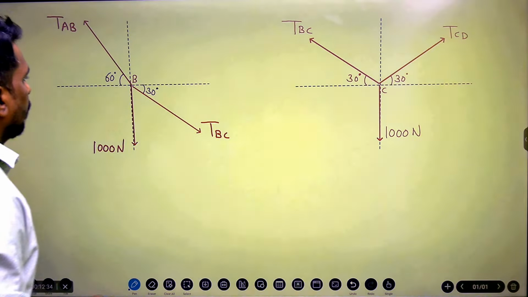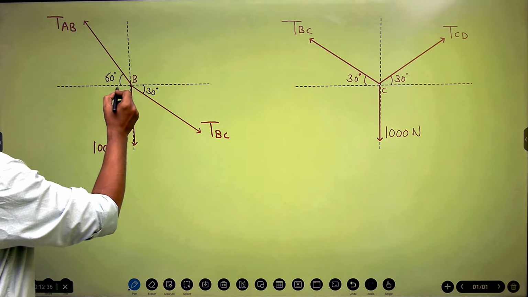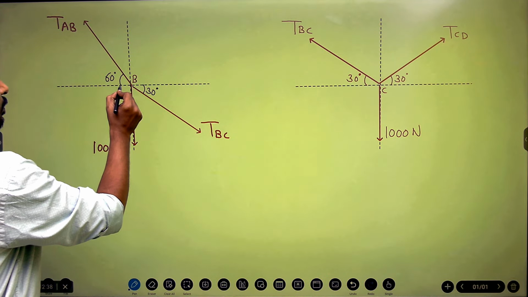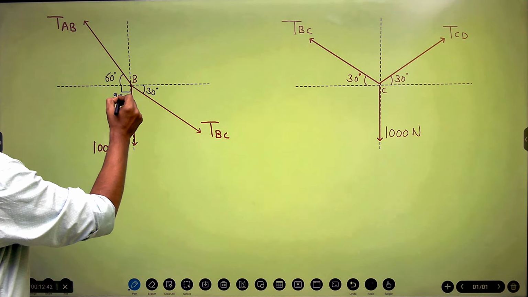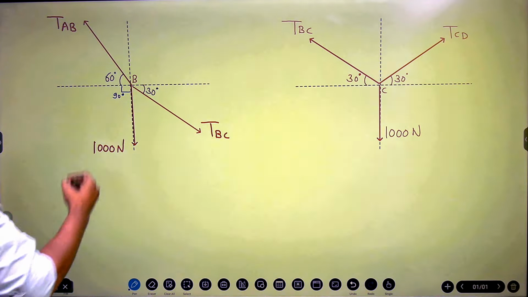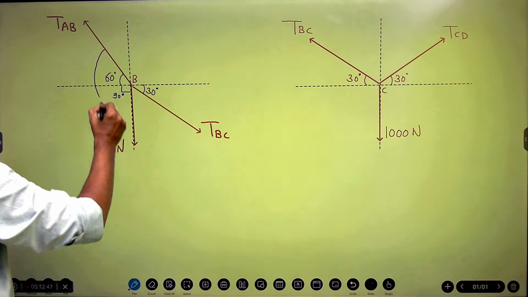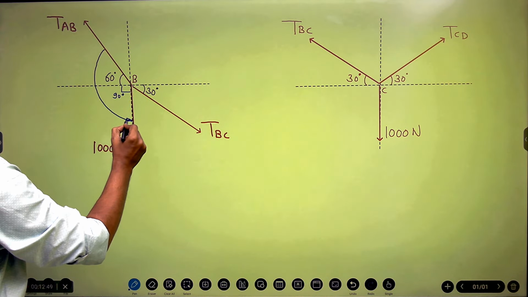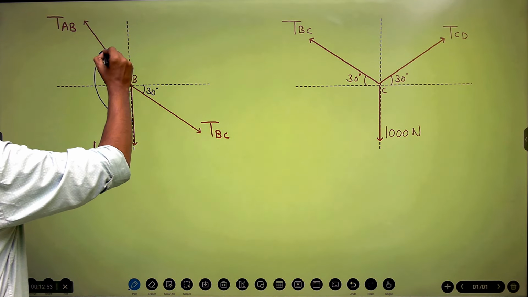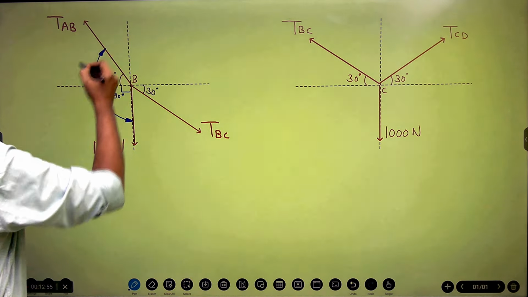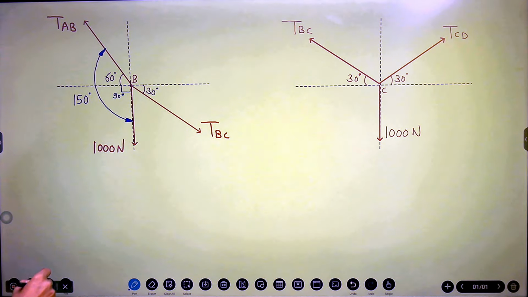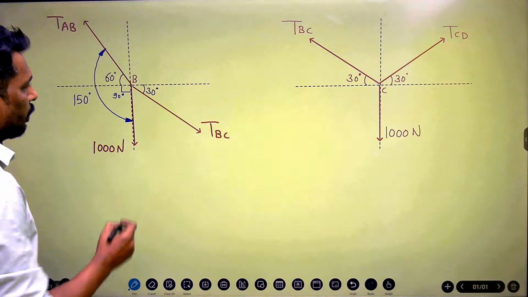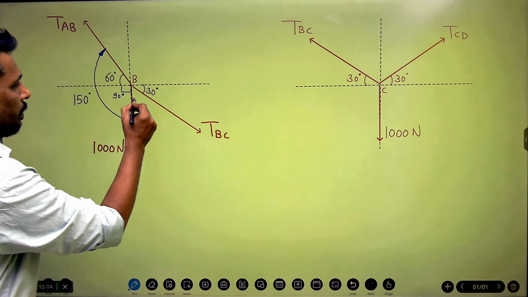Okay. So one can see here, this is a 90 degree. So 90 and 60 becomes 150. So this total angle is 150. Now if I consider this one, so 90 minus 30, so this becomes 60 degrees.